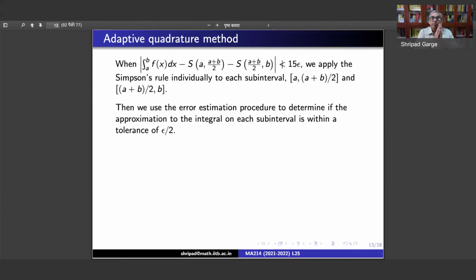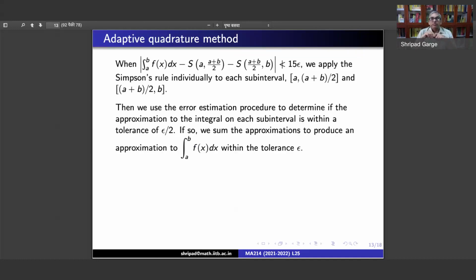That means we would divide these two subintervals further into two subintervals each, use the error estimation procedure to see if the approximation to the integral on each of them is within epsilon by 2, and then approximate our integral by the sum of those two things. So instead of the summation of the two S values, you will have the summation of 4 S values.